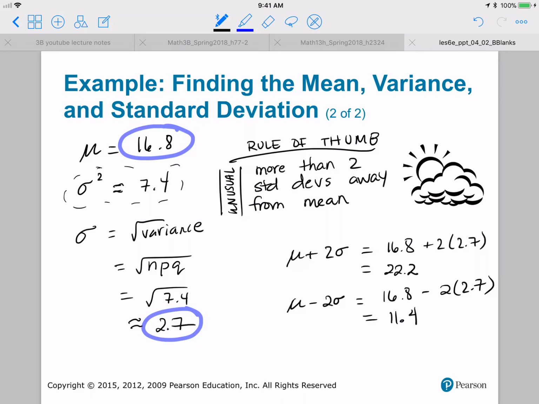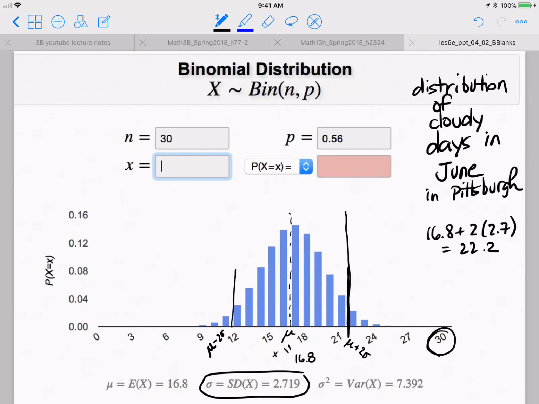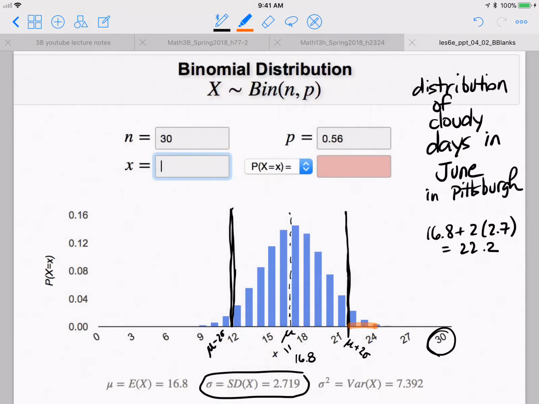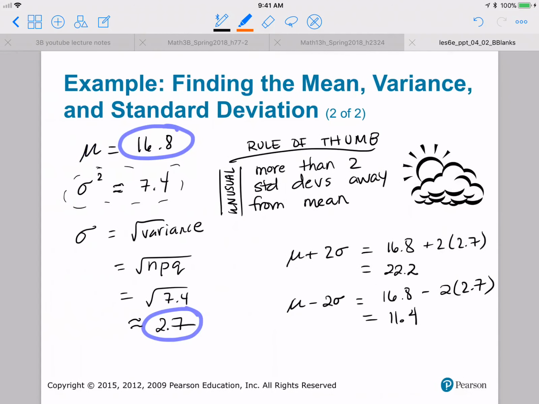So what we're saying is that if there's a June, if there's a year in which you have more than 22 cloudy days, or less than 11 cloudy days, that is unusual. Okay, so that is how we interpret it.